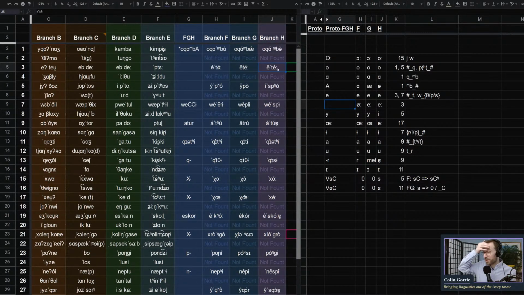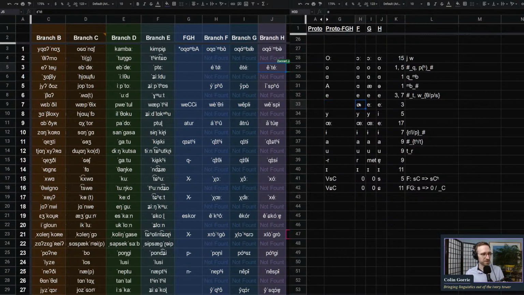This makes me more likely to hypothesize the front rounded vowel in the proto-language, because we have this ow, which we know from Old French can turn into e. So that works, I think.